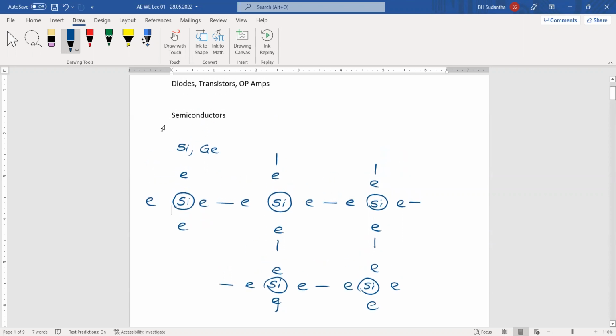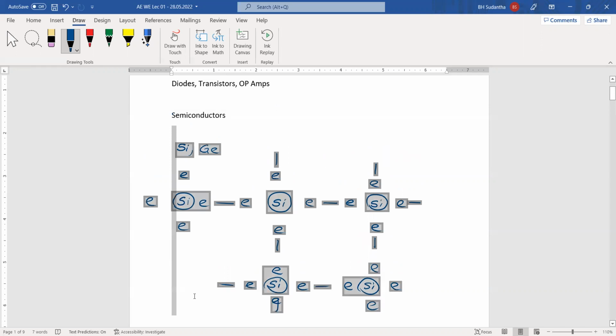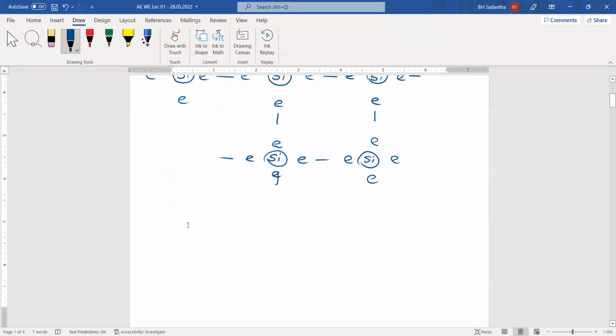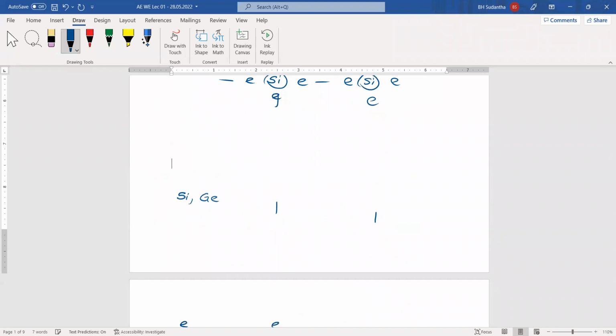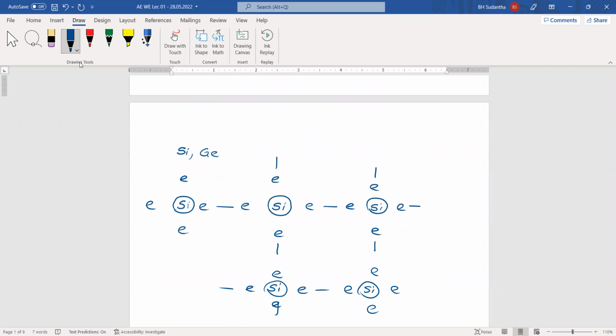For example, if you take this one, assume that because the temperature increases, this bond breaks, and this electron comes out of the structure. After that, here we have a vacancy.